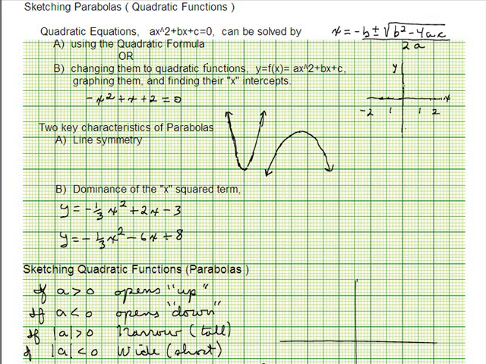The second way we looked at solving quadratic equations actually came several units ago, and it came from changing quadratic equations into something called quadratic functions. To do that, we first got all the terms of our quadratic equation on one side with a zero on the other side.